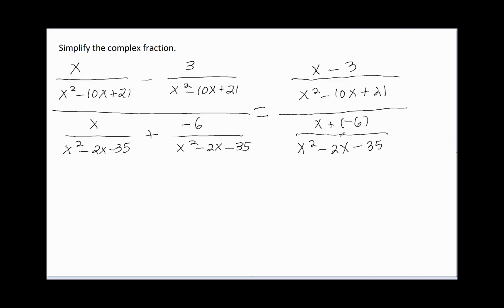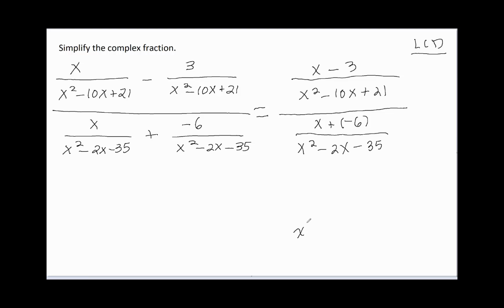So I'm going to use the LCD method, okay, and the LCD method says find the least common denominator of these two denominators within the overall fraction and multiply both the top and the bottom by that least common denominator. That means I need to factor these two denominators.